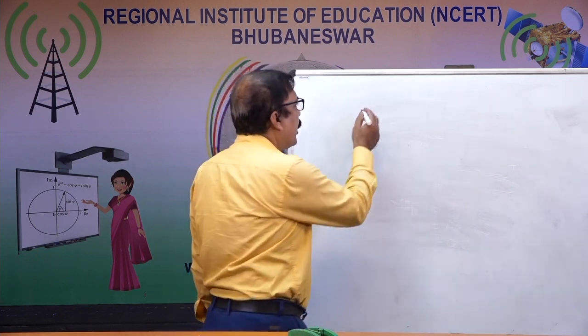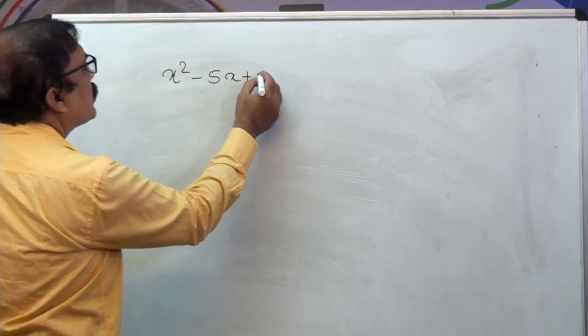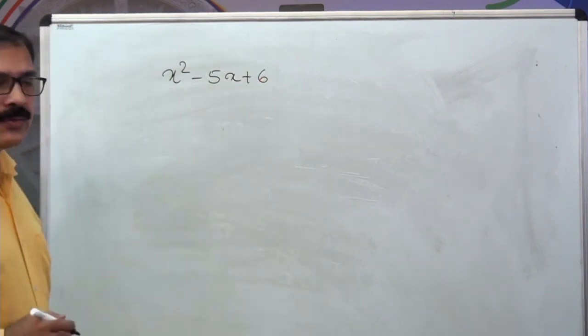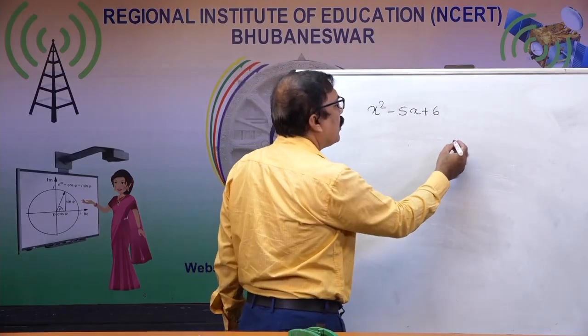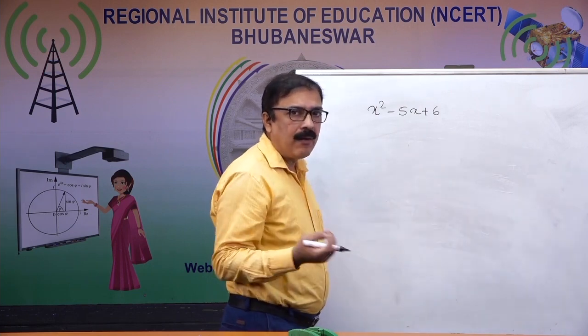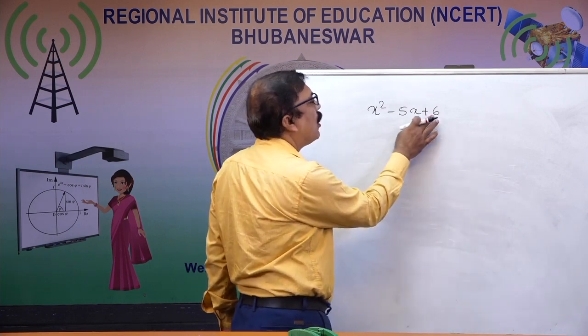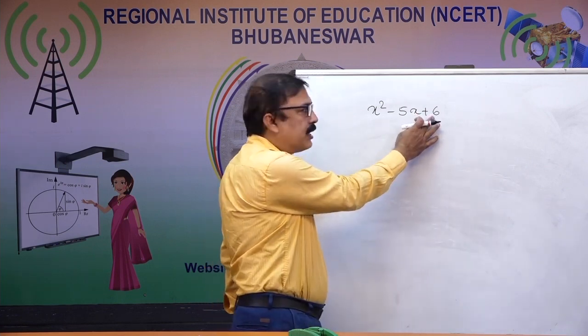We have x square minus 5x plus 6. If we multiply two linear polynomials, we get two constant numbers whose product gives 6.